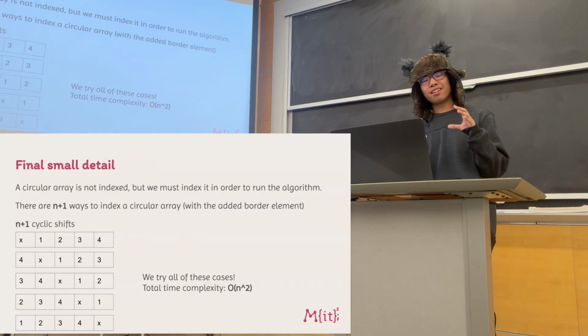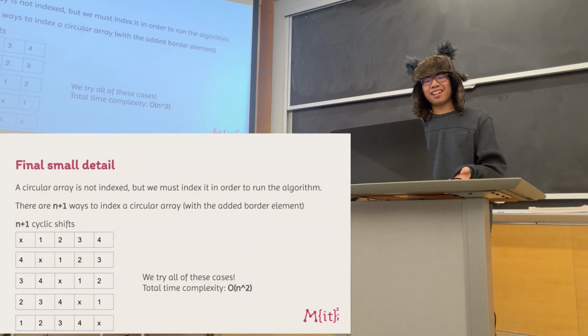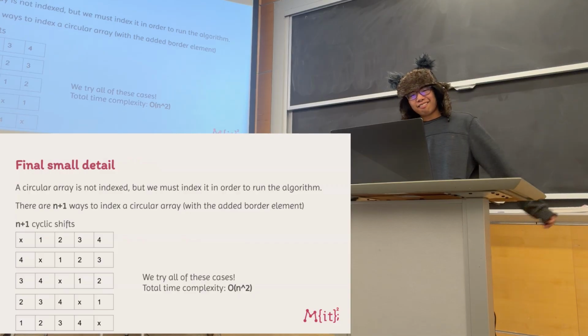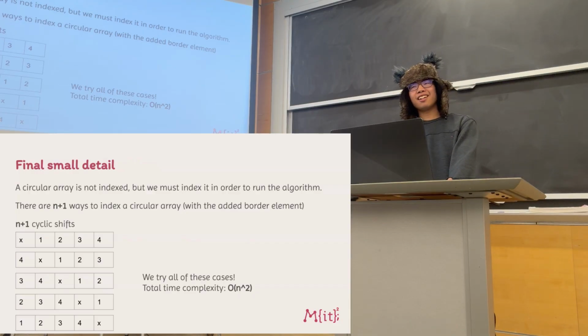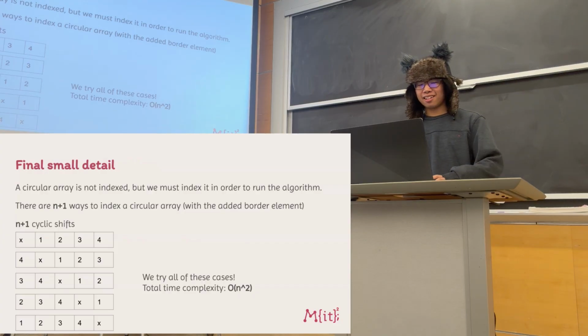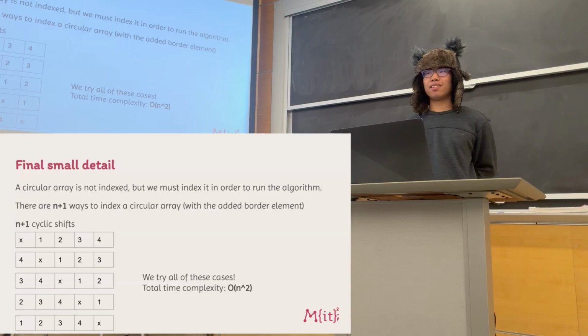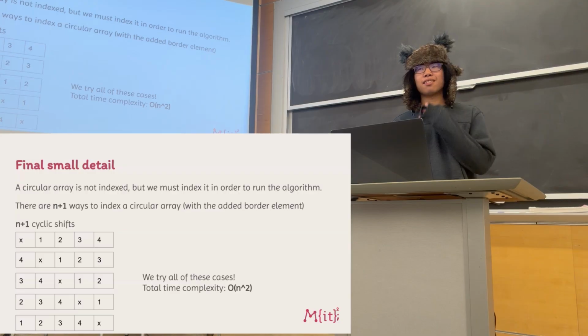So we need to consider how we index this circular array. Well, because the problem is pretty lenient with n less than 1,000 or something, we could actually just try every indexing and then run the permutation swapping algorithm in order to solve this problem. So does anyone have any questions?